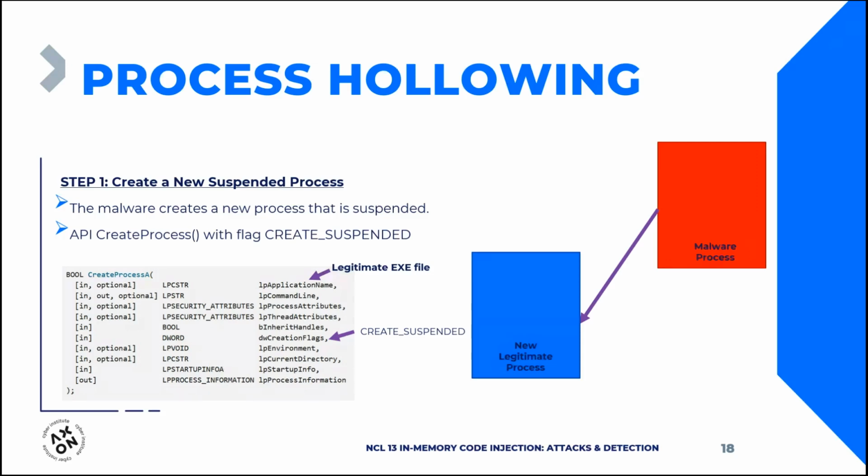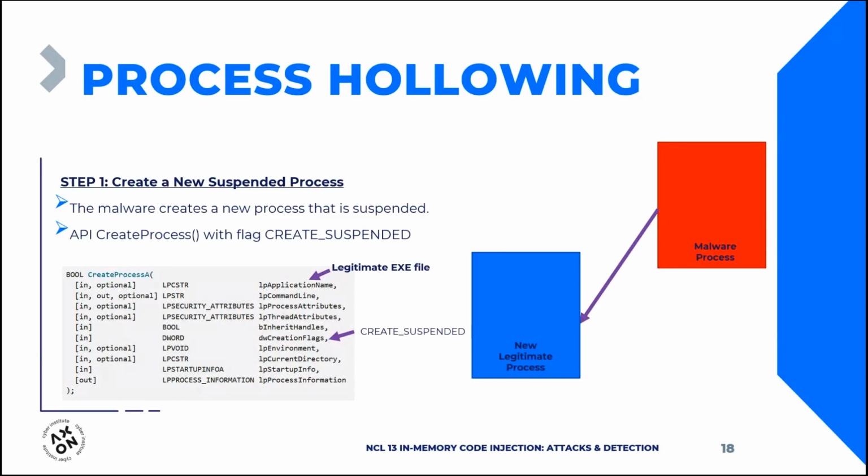It will create a process out of that exe file, and I give it the creation flag create suspended. So I will have a Notepad process in memory that is in a suspended state. It's not running, but it is still in memory.